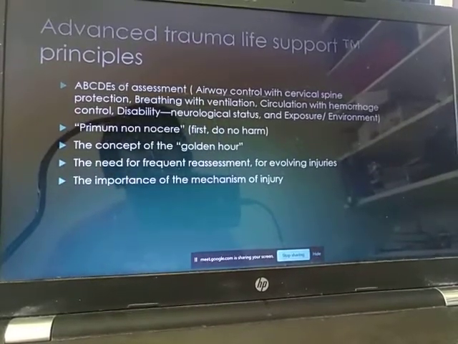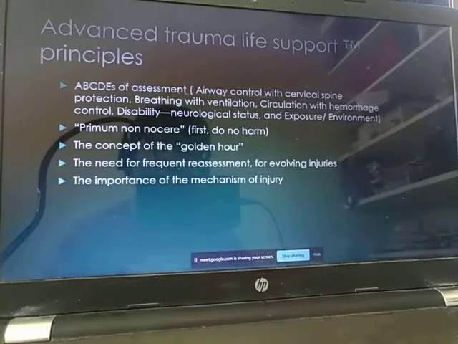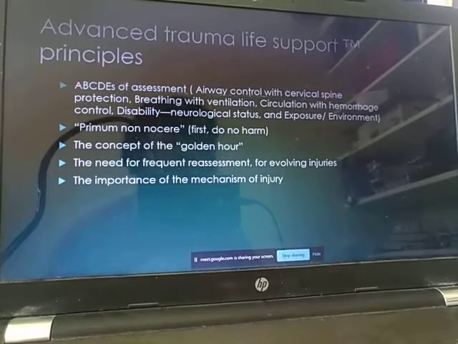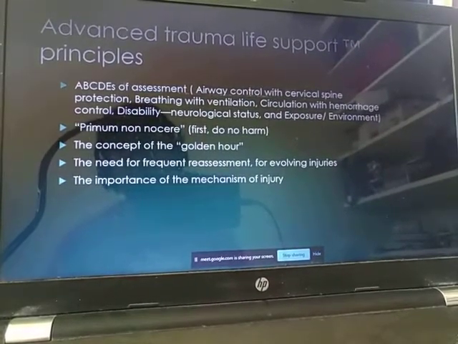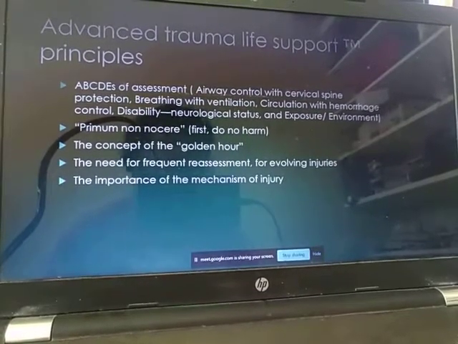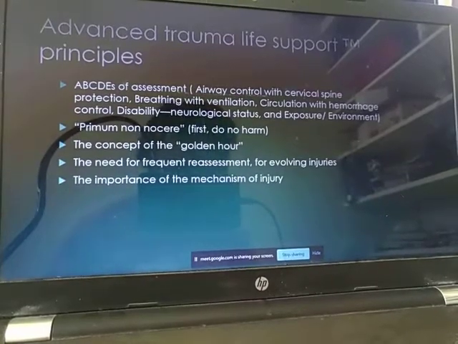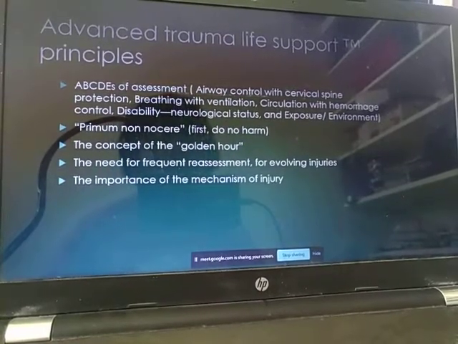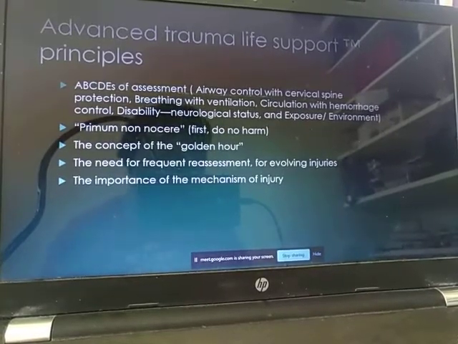There can also be flail chest, there can be abdominal breathing. These will tell us certain things, such as there might be a fracture of the ribs which might be causing obstruction to the chest expansion, or a fractured rib might have punctured the lung and caused a pneumothorax.